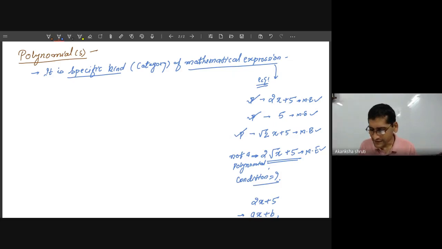In simple words, whatever relation you can write among variables and constants is a mathematical expression. But all these mathematical expressions cannot be polynomials. There are certain conditions the expression has to satisfy to become a polynomial.